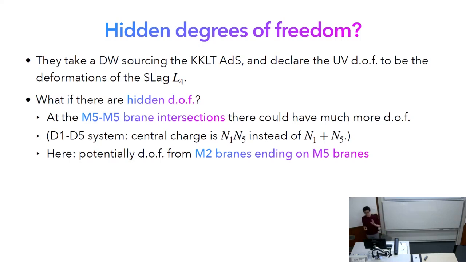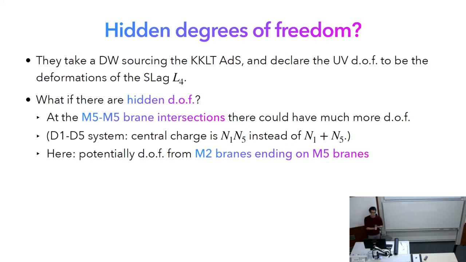This is exactly the kind of strategy that worked for the black hole side. If you remember, back in the 90s, there was the MSW black hole, Maldacena, Strominger, Witten, where they counted the number of deformations of some holomorphic cycles, and this matches exactly with the entropy of the black hole.